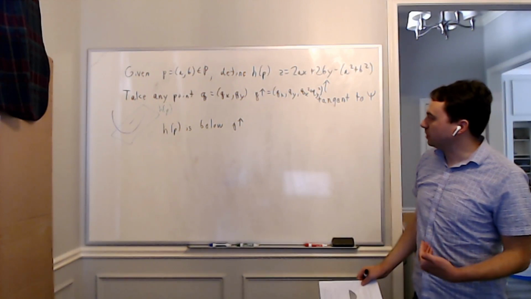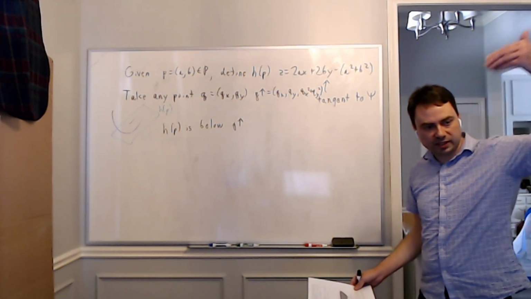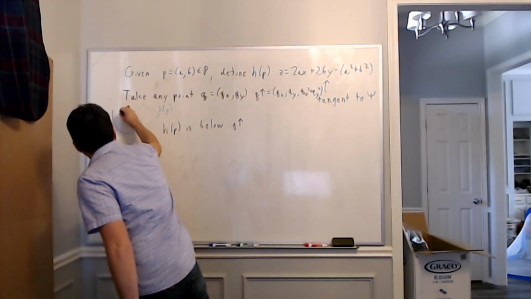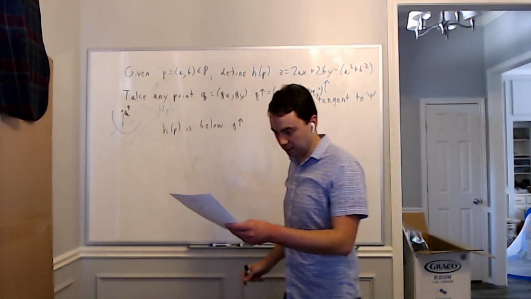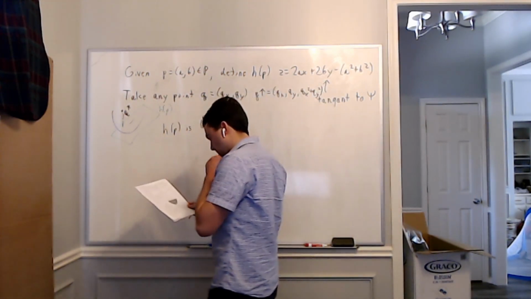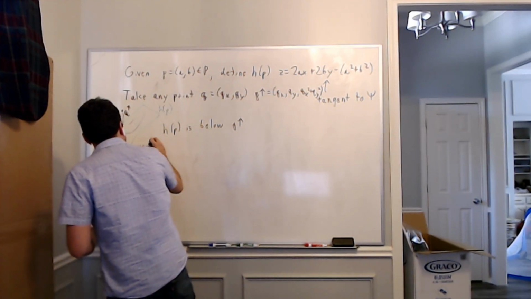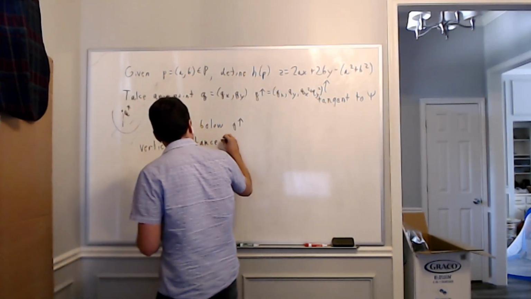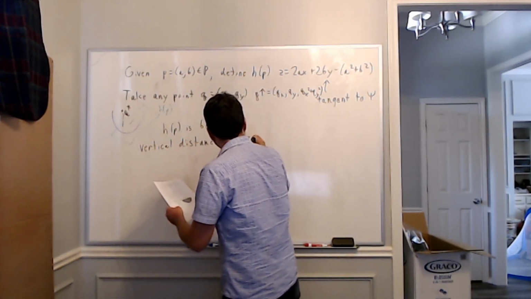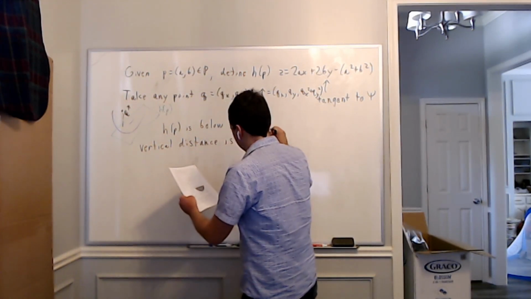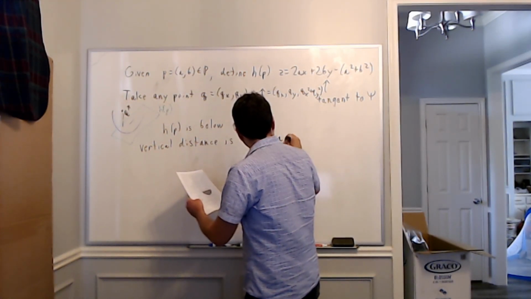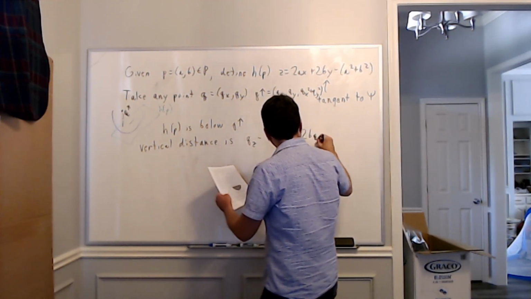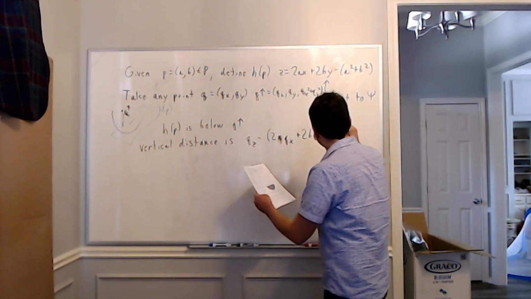We can compute the actual vertical distance from Q up down to the plane H of P. By definition, this would be q sub z minus 2a q sub x minus 2b q sub y plus (a squared plus b squared).